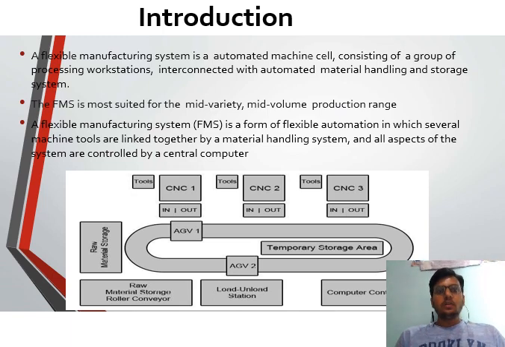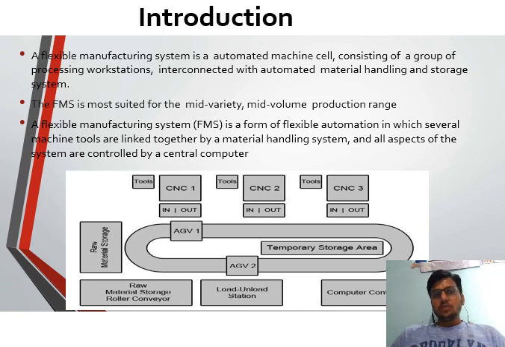We can define this setup in another way also, as a form of flexible automation in which several varieties of machine tools are linked together by a material handling system, and all aspects of the system are controlled by a central computer.